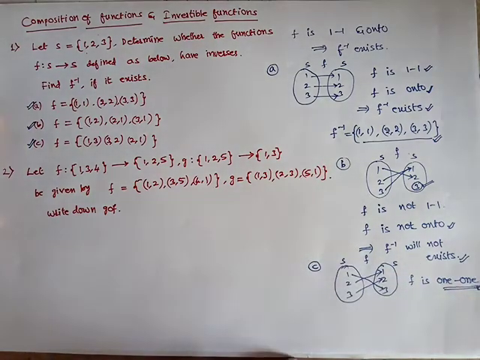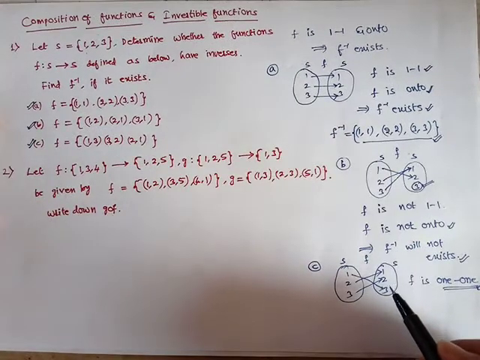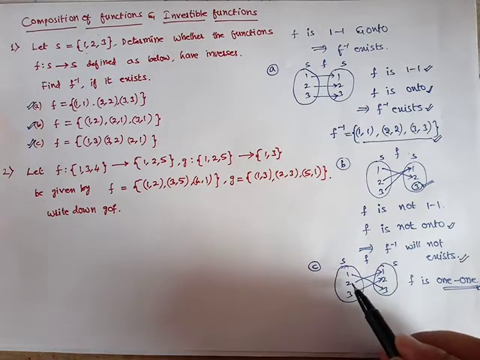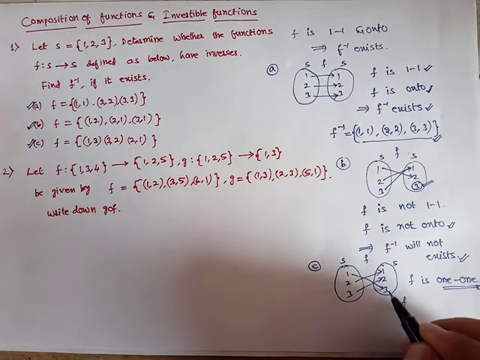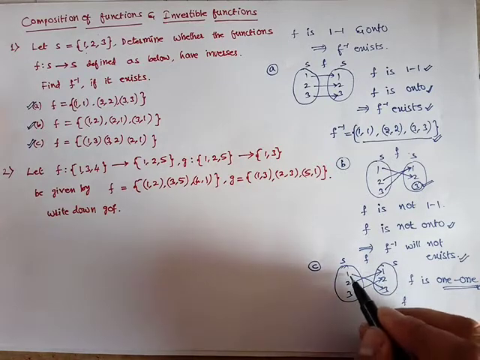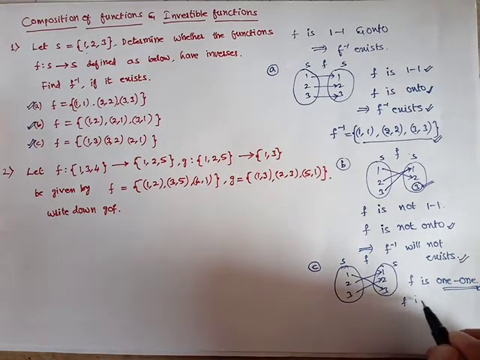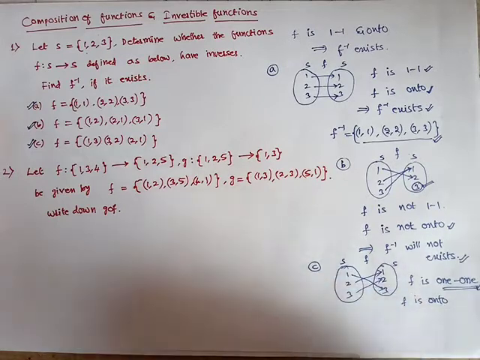So first of all you keep it aside. And whether it is onto or not, each and every element of the second set is the image for some particular element of the first set, then F is onto also.